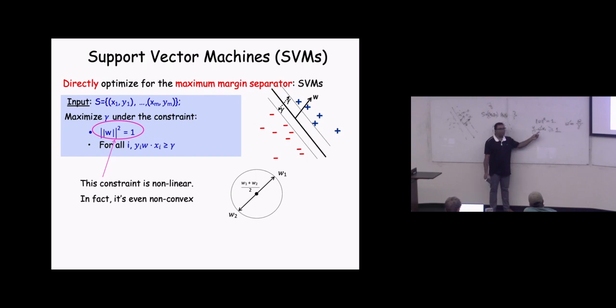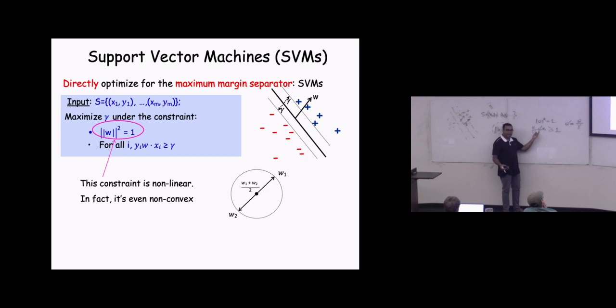Do we need W prime to be 1? By definition, it's not 1. Gamma is greater than 0, and we want it greater than 1, essentially. So W prime is not going to be a unit vector. So we are not dealing with any W anymore.